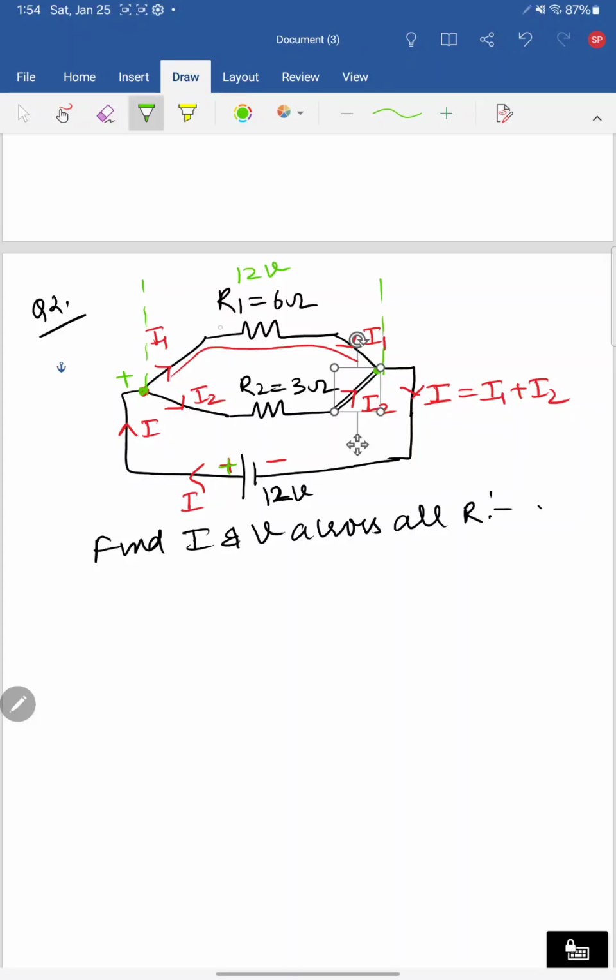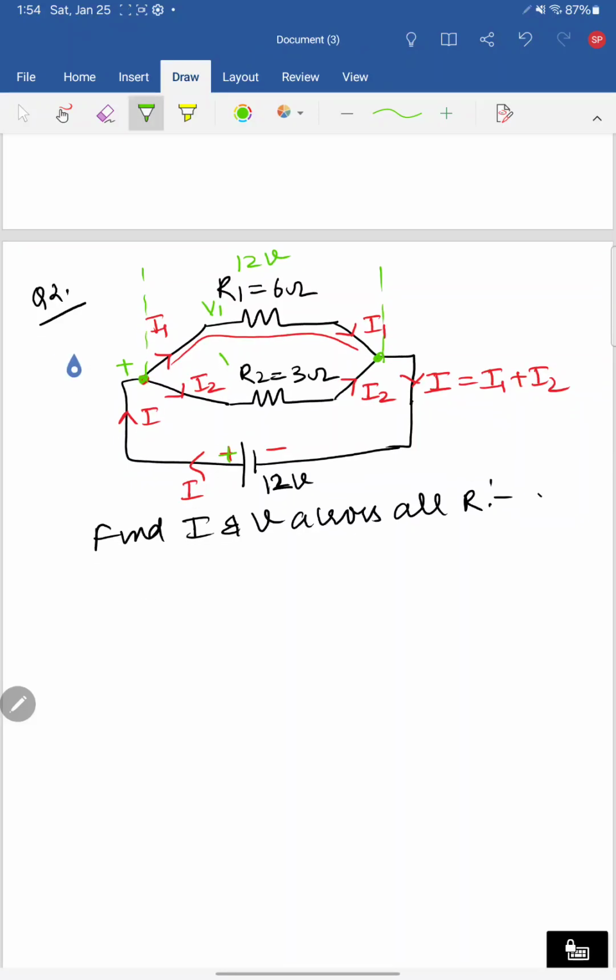Let's say the voltage across R1 is V1, voltage across R2 is V2, and this is total V. So V will be equal to V1 will be equal to V2. All the voltages are same in parallel, right? Because you can see the same plus and minus at the two terminals or at the end of R1 and R2 resistors, right?